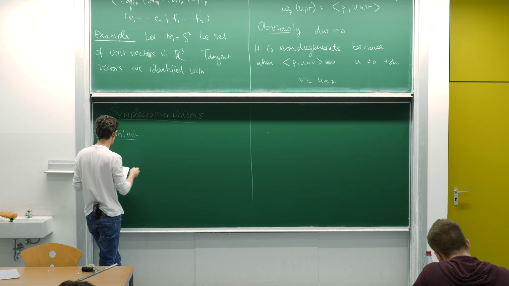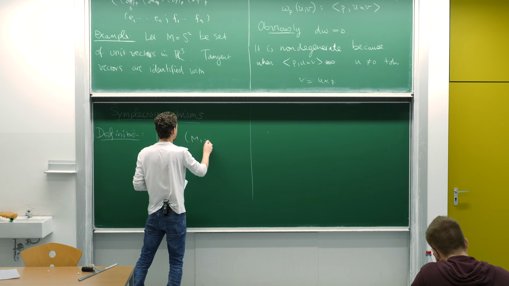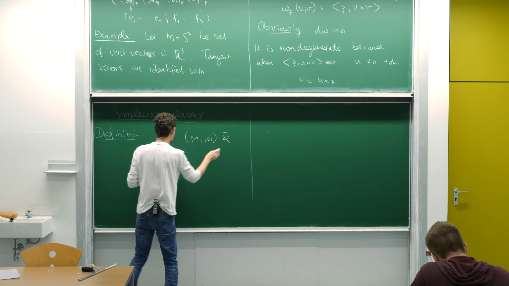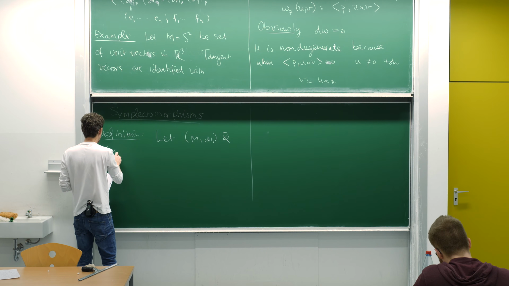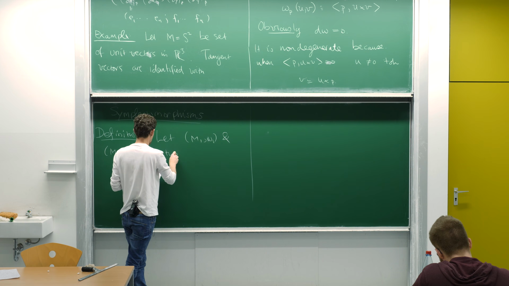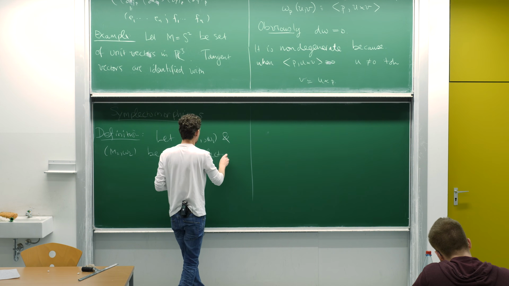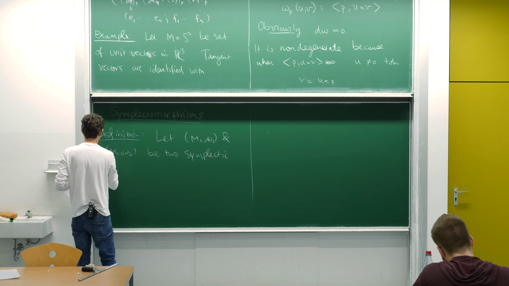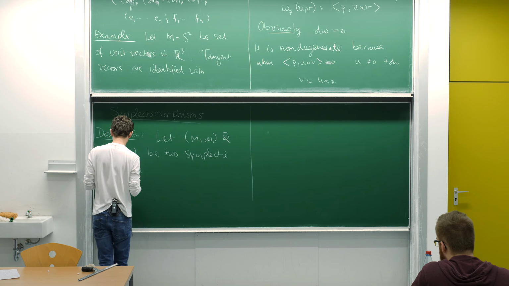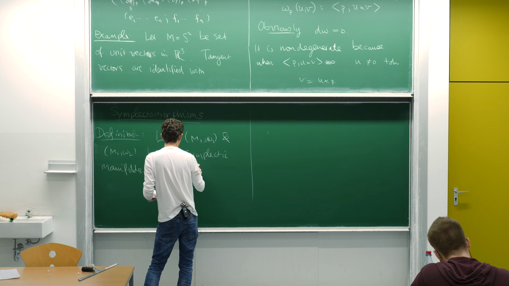Definition. So we have two symplectic manifolds. When are they the same? So let phi be a diffeomorphism.